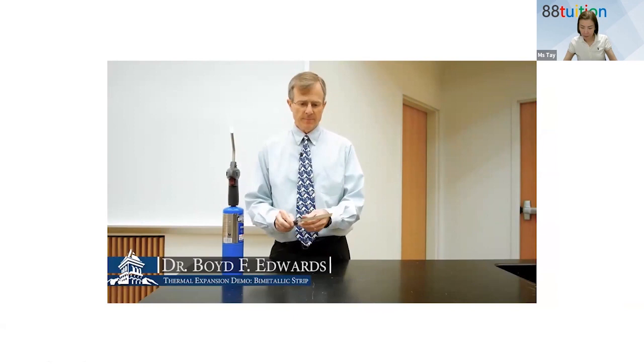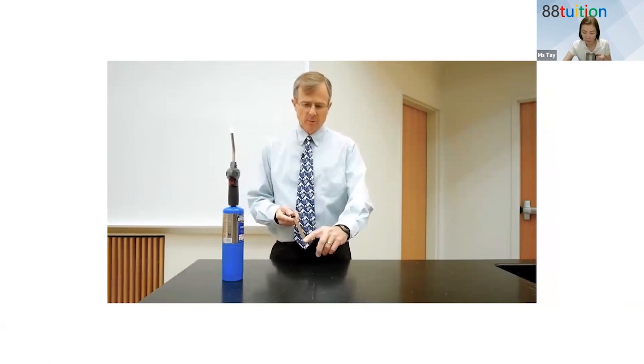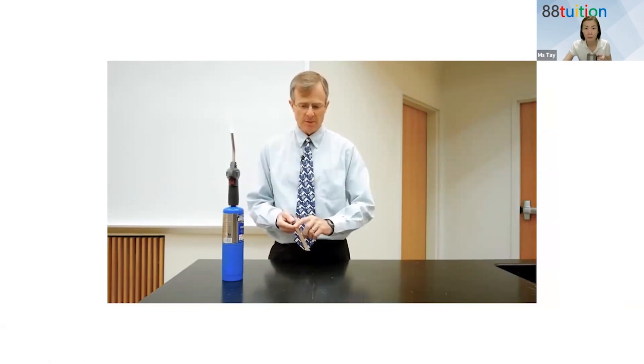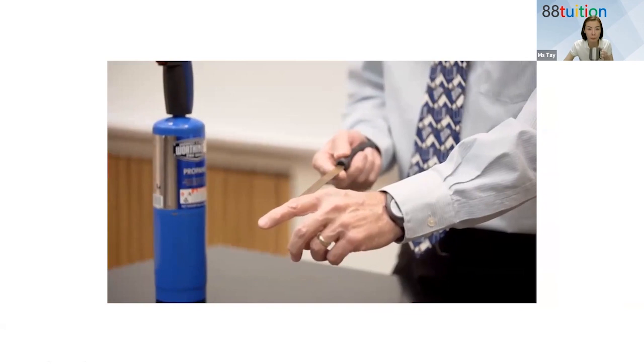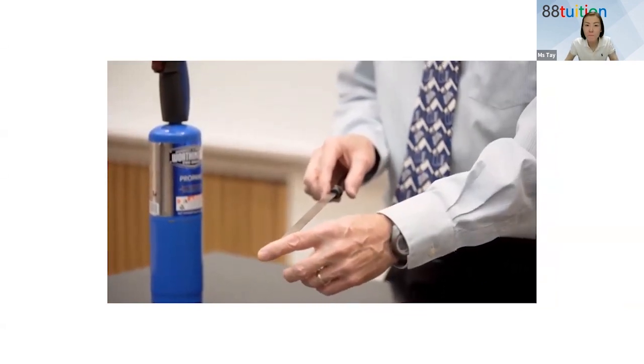What I have here is a bimetallic strip with one type of metal on one side. It looks to be brass or bronze, and another type of metal on the other side.